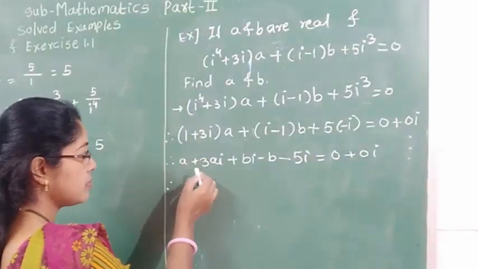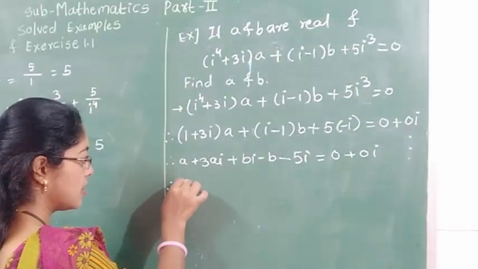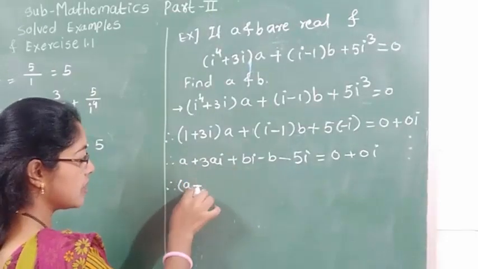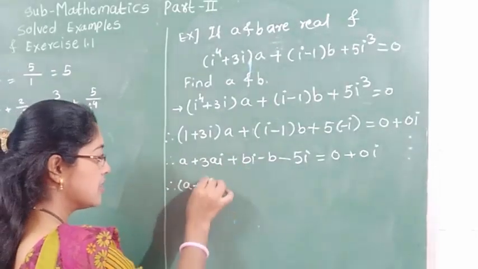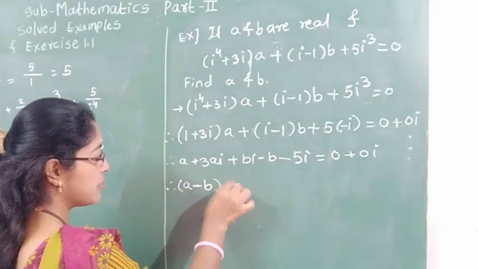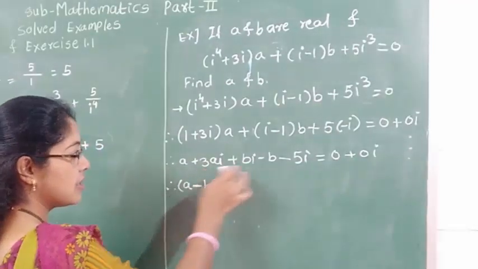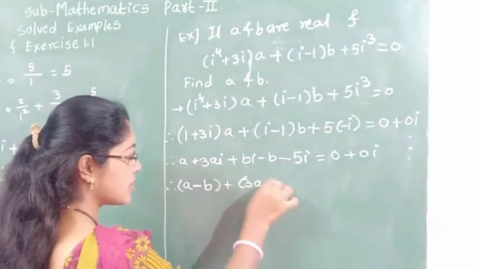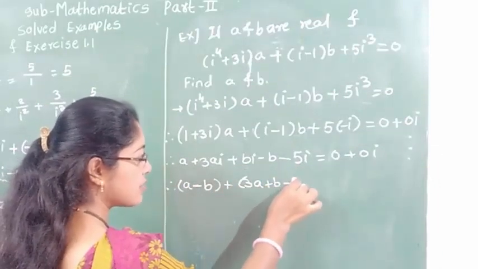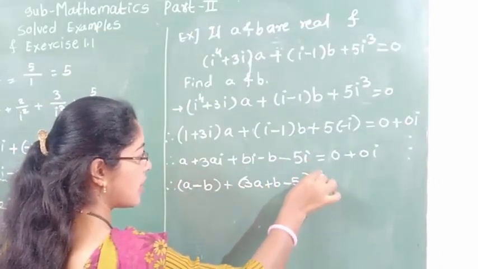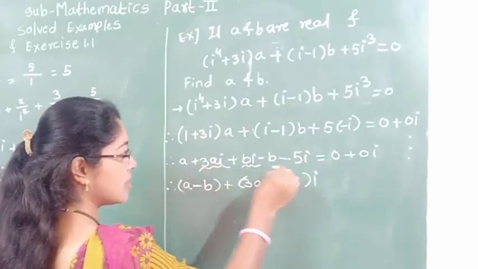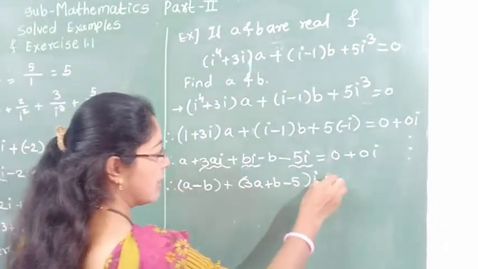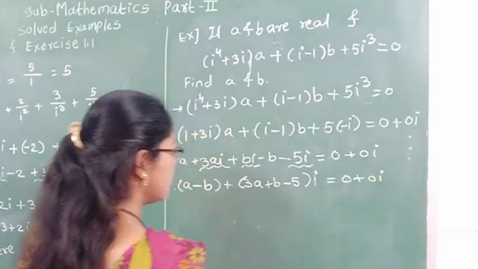So therefore now we have some real parts and some imaginary parts. We combine the real part here, a, and this is minus b in one bracket, and in second bracket imaginary parts plus 3a, and this is plus b, and this is minus 5. हे सगळ्यांना i काय आहे, कॉमन आहे. इथे लक्षात plus 3a plus b minus 5 into i is equal to 0 plus 0i.